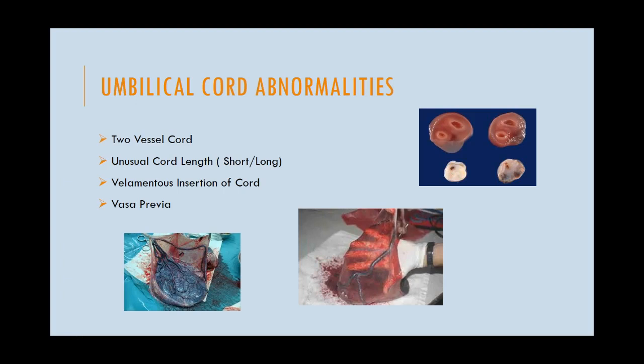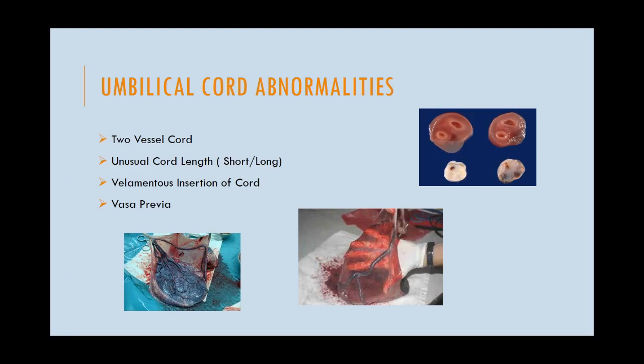A couple more slides. Another high-risk factor in the fetus is umbilical cord abnormalities. A two-vessel cord, you can see that in this picture up on the right-hand side, has one artery and one vein, and that means that baby doesn't get quite as much nutrients.